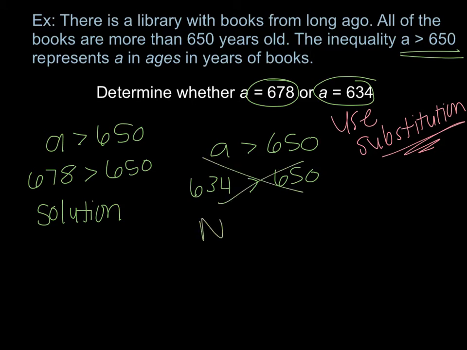So this is not a solution. And that's as simple as it is, boys and girls. If you understand your number lines, that really helps out, and we'll use that in lesson 10 for this chapter. But it's really as simple as that. Is this number greater than, or less than, or equal to?